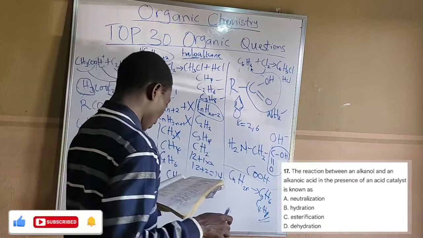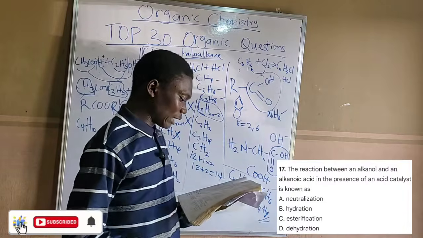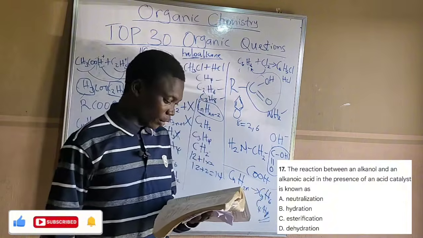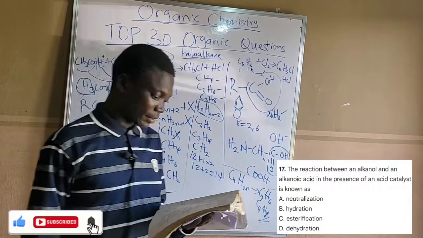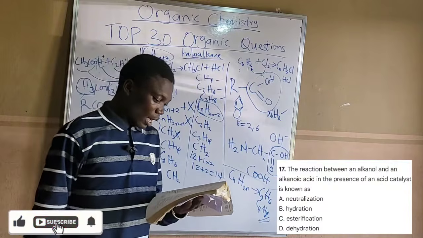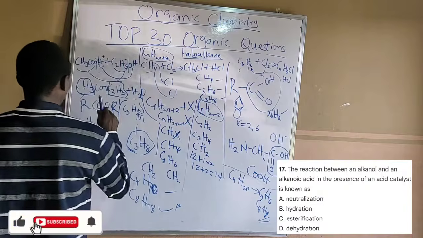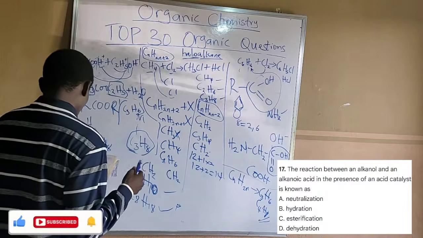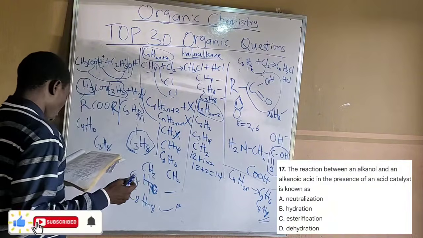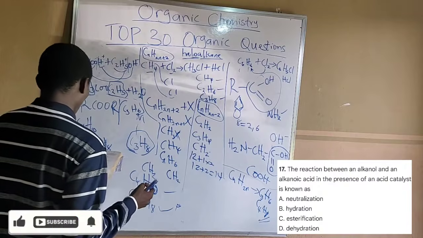Now this question says the reaction between alkanol and ethanoic acid in the presence of an acid catalyst is known as what? Now that was the same thing I explained. This is telling us the reaction of alkanoic acid and alkanol.